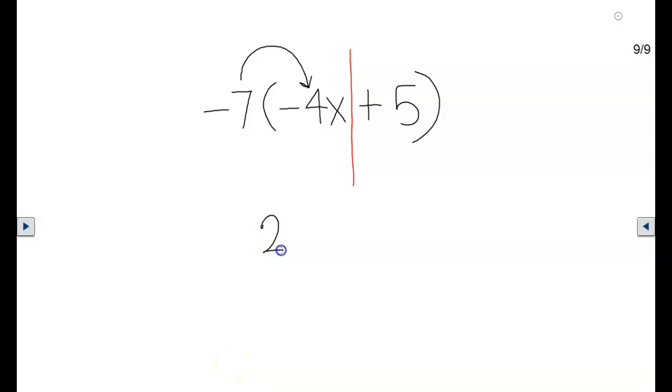Negative 7 times negative 4 is 28. Reattach the x. Next up, negative 7 times positive 5. Negative 7 times positive 5 is negative 35. So I'm going to put minus to indicate that it's negative, and then put my 35.